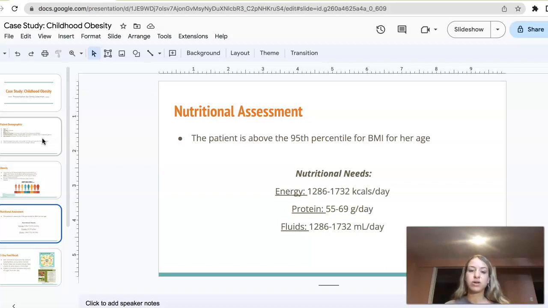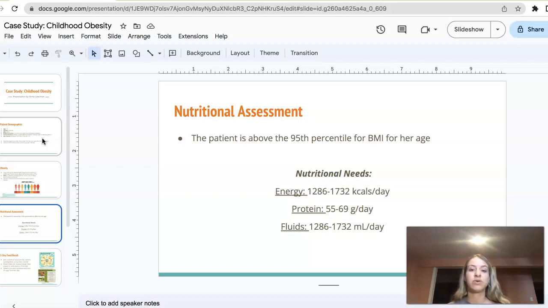So when calculating her nutritional needs, I based it off of a maintenance of 20 to 25 kcals per kilogram per day for her energy, protein between 0.8 to 1 grams per kilogram, and fluid levels anywhere from 20 to 25 milliliters per kilogram.